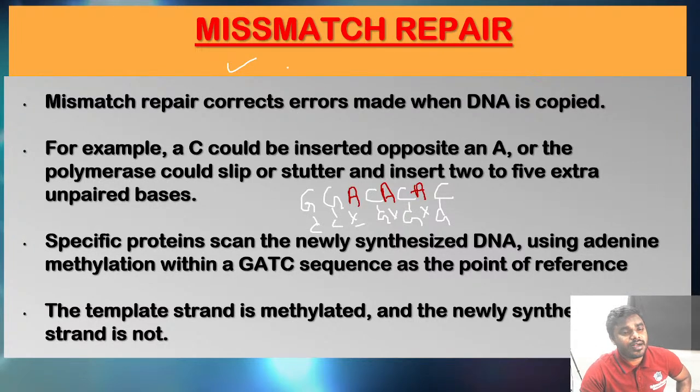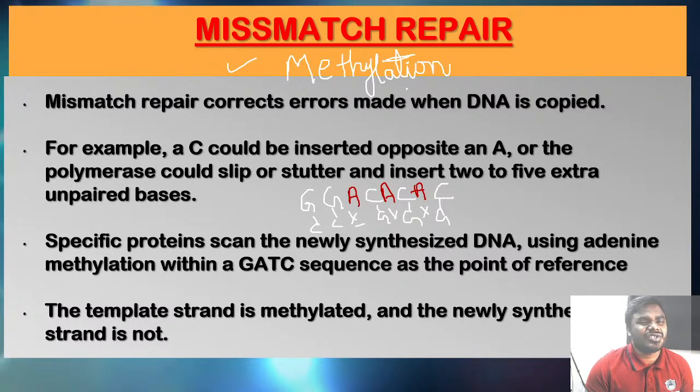And every student has to remember one common point: this mismatch repair mechanism depends on a principle. What do you call that principle, friends? We call it methylation. That's why we can call it methyl mismatch repair.